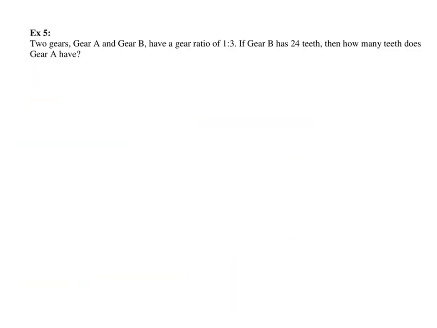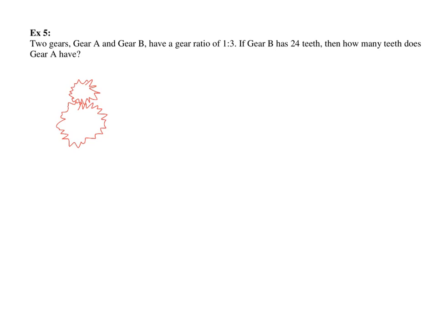Alrighty. Two gears, gear A and gear B, have a gear ratio of 1 to 3. Okay, so here I have a gear. Very poor example of a gear. All right, those are two gears.